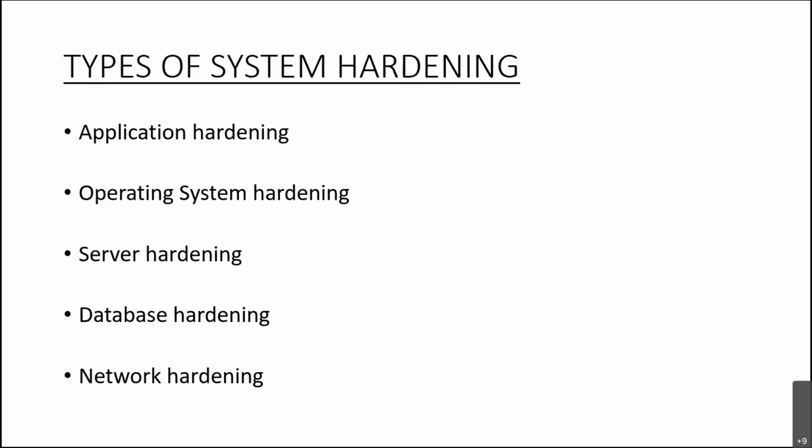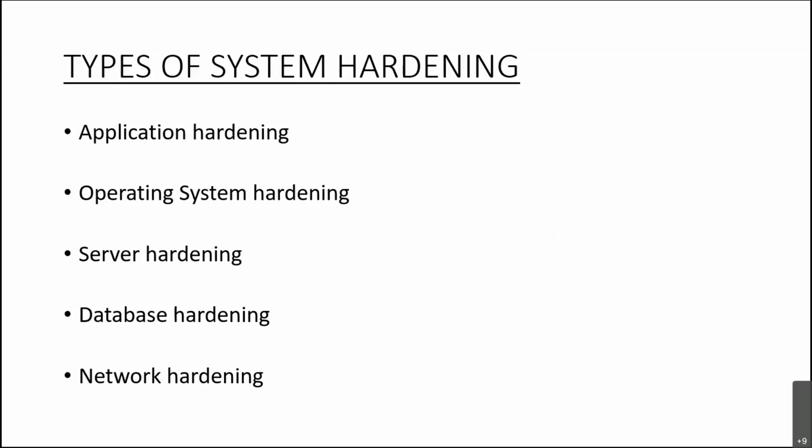Hardened means the patches released by the OEM should be applied to these applications on a regular basis. For example, the browsers need to be updated so that the vulnerabilities related to that particular application are not exposed for an attacker or a hacker to exploit.